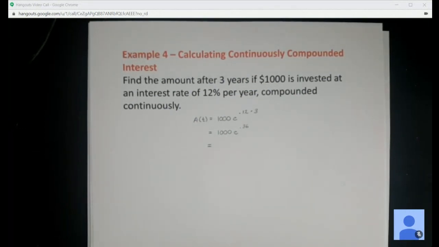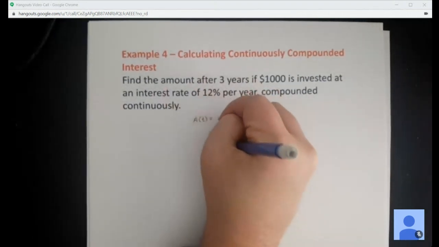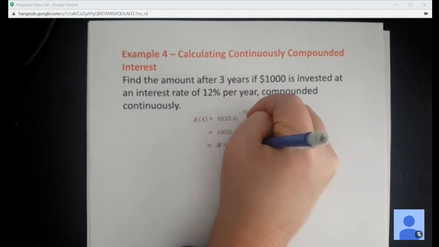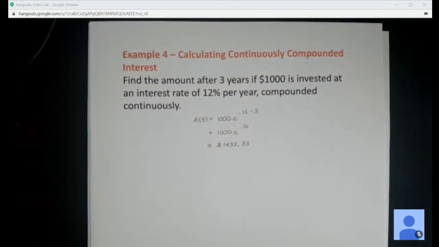Again, make sure you're using the e key on your calculator to do that. So what do we get? Good. $1,433.33. Always round money to 2 decimal places, because that'll be the nearest cent.